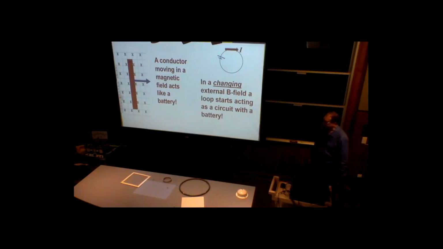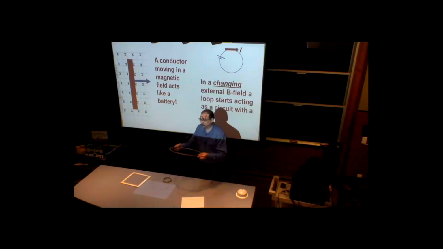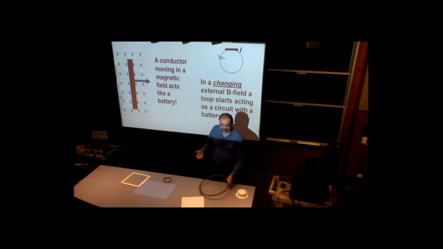So if a moving rod is acting like a battery, a loop moving through a magnetic field starts acting like a circuit with a battery. And of course, we will talk about how we can figure out the direction of that electric current.